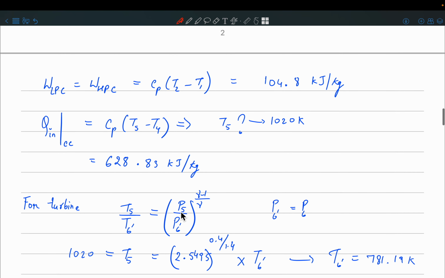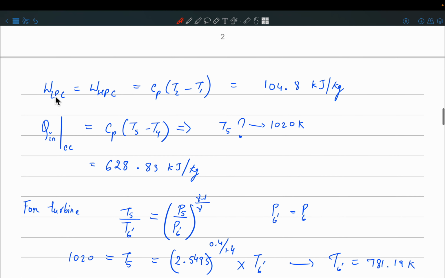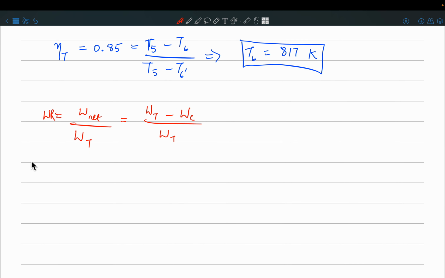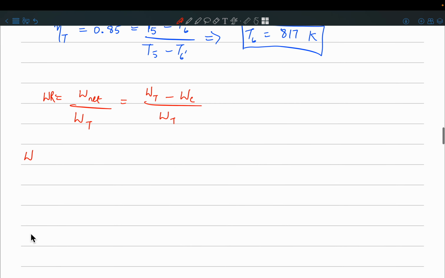Okay, so work done by compressor we have already found for low pressure and high pressure compressor, so we need to find the work done by each of the turbines. So, work done by the high pressure turbine plus the work done by the low pressure turbine is basically equal to the total work done by the turbine, right?